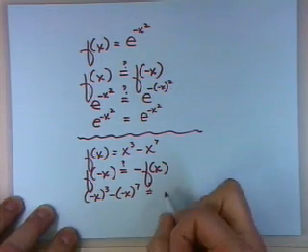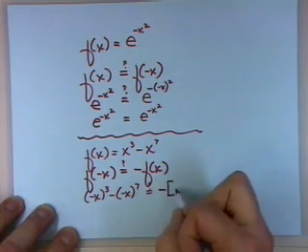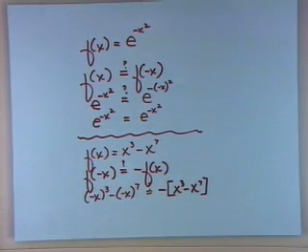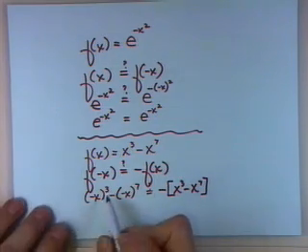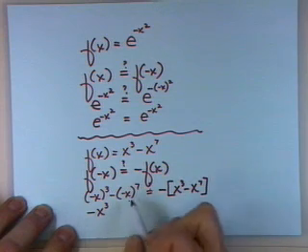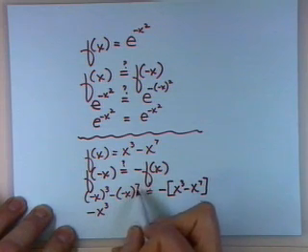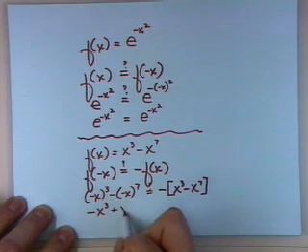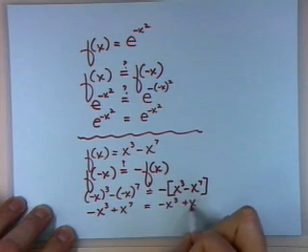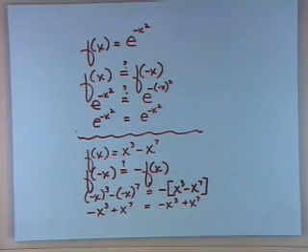Is that equal to the negative of the original function? It is, isn't it? When you cube a negative x, don't you get the negative of x cubed? And when you raise a negative x to the 7th, you get the negative of x to the 7th? So that little operation right there tells us that that's an odd function. And if we sketched it, we should expect to get symmetry with respect to the origin.